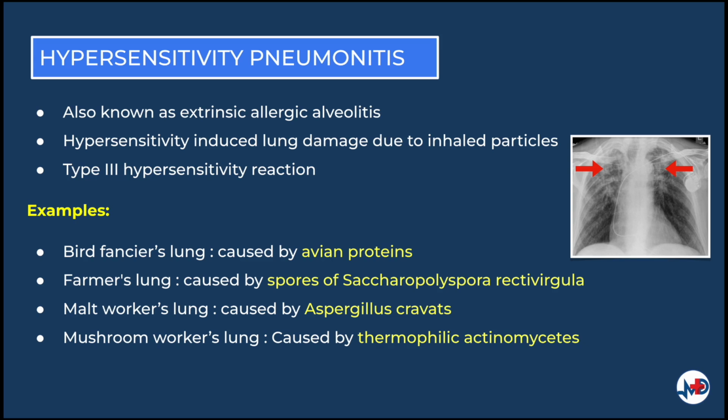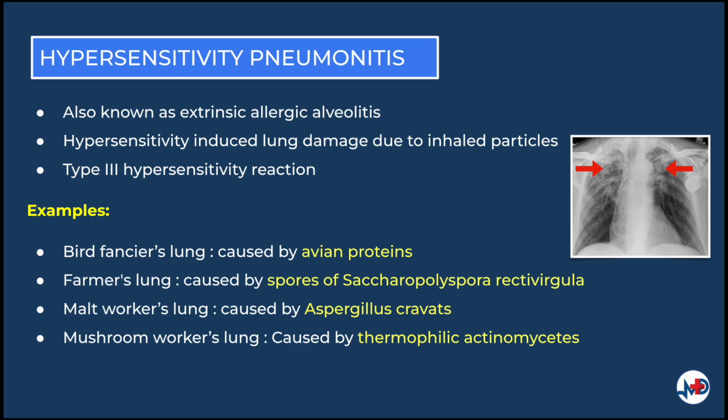Examples would include bird fanciers lung caused by avian proteins, farmer's lung caused by spores of Saccharopolyspora rectivirgula, malt worker's lung caused by Aspergillus clavatus, and mushroom worker's lung caused by thermophilic actinomyces.